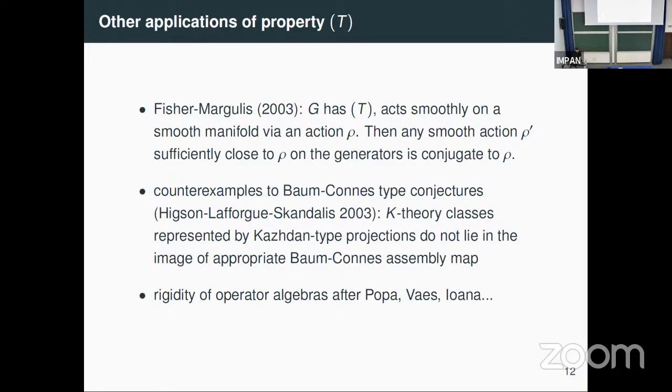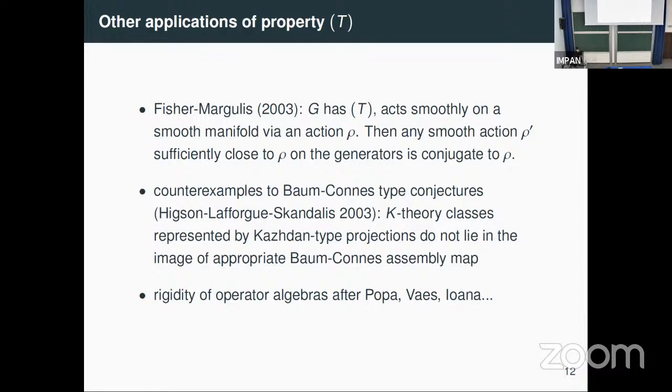And then there is also a rigidity program for operator algebras. This was started by Alain Kohn, but really it took off with results of Sorin Popa. Basically you start with the group ring or the group algebra. You complete it to a von Neumann algebra, so you close it in the weak topology in B of H, the operators on the Hilbert space.